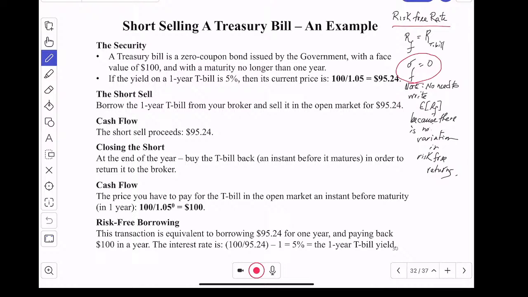With a return that's guaranteed. So this way we have risk-free lending and borrowing.